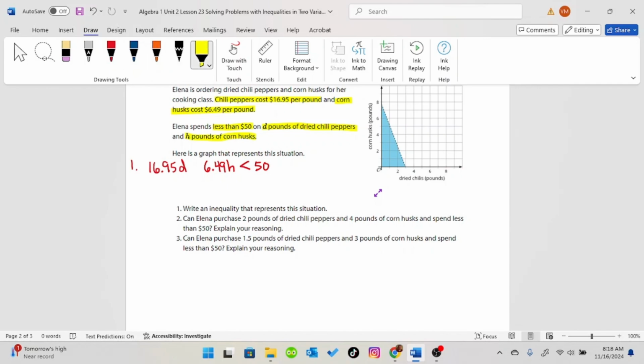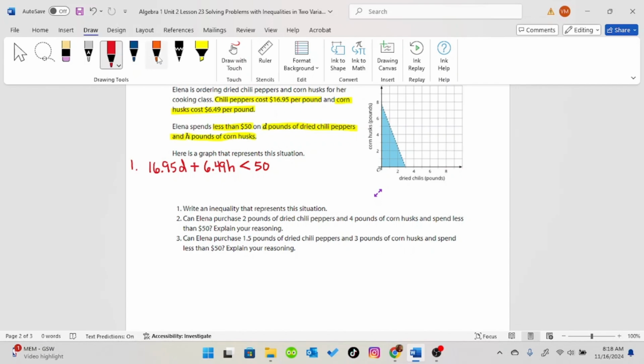And she spends that less than $50 on some amount of dried chili peppers and some amount of corn husks, so we're going to add those prices together. So this inequality represents the situation: if we find the price for the dried chili peppers and the price for the corn husks, we can add them together and it's less than 50.